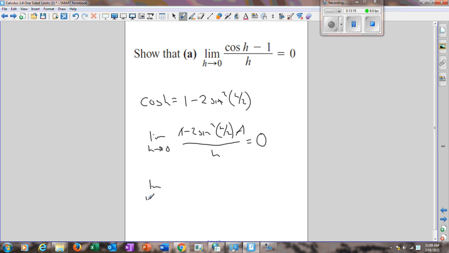I'm left with the limit as h approaches 0 of negative 2 sine squared of h over 2 over h. And let me make sure I had to make that negative.